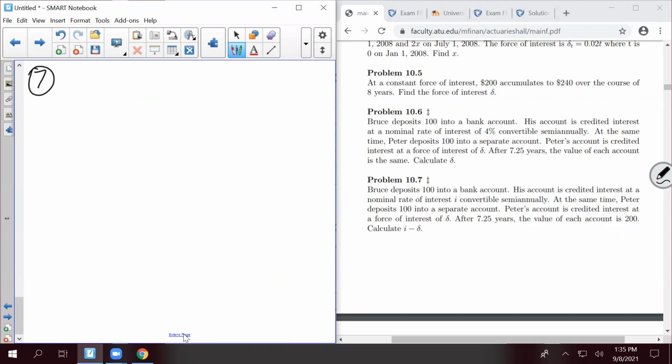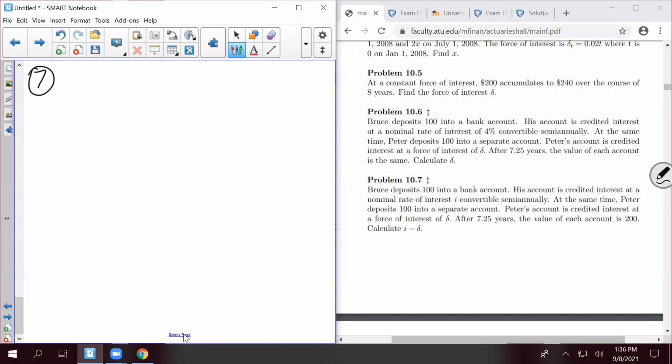See, that's what I was mentioning, that those semi-annual rates and everything that we spent before will keep reappearing. So we'll have more and more practice of that. At the same time, Peter deposits 100 in a separate account. Peter's account has force of interest delta. After 7.25 years, the value of each account is 200. Calculate I minus delta. Good problem.